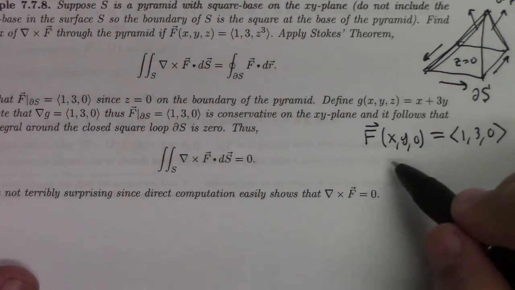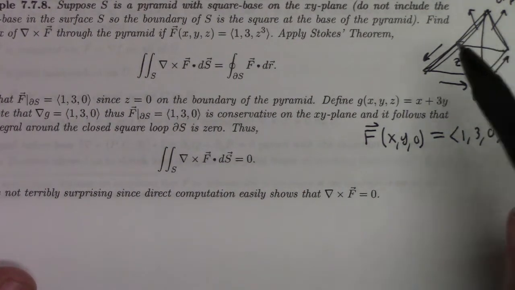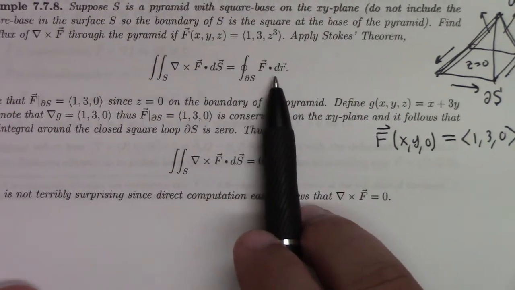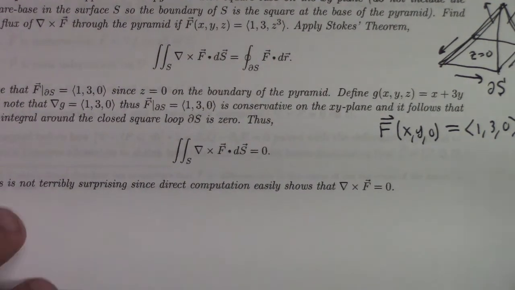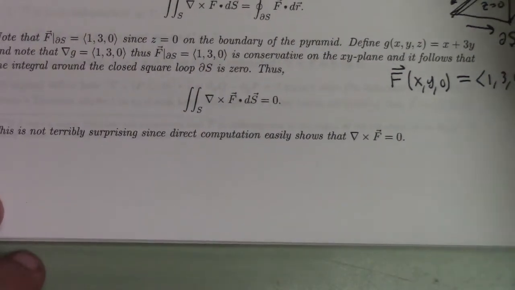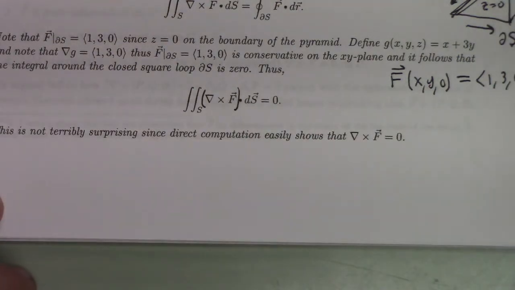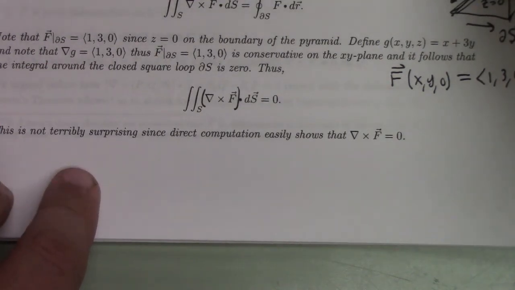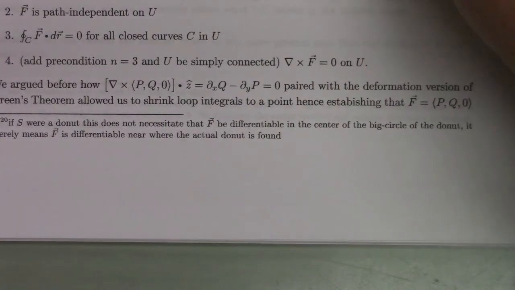So of course the curl of F on the plane is 0. So if I deform the pyramid to the square in the plane, I can easily see that the integral of the curl on the plane is 0, and consequently the integral of F dot dr is 0 because it's the same boundary. That's what this argument shows. And then I say, well, this is not terribly surprising since direct computation shows that the curl of this vector field is 0 anyway. But again, that's this idea of deforming one surface into another to make the flux integral easier or trivial. Pretty much all my trick problems are based on that trick.